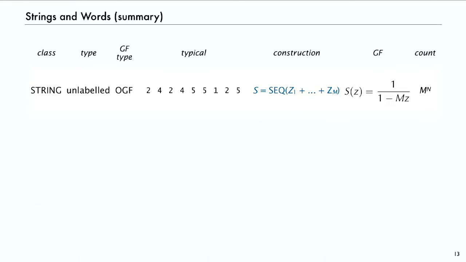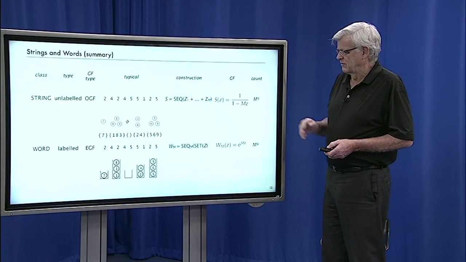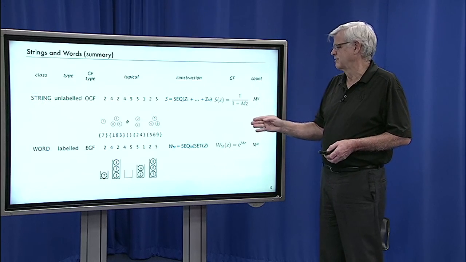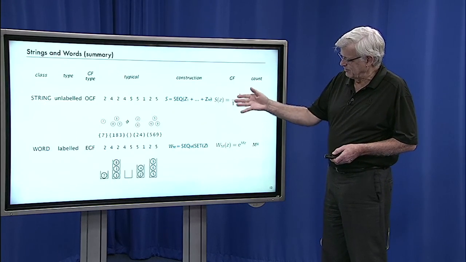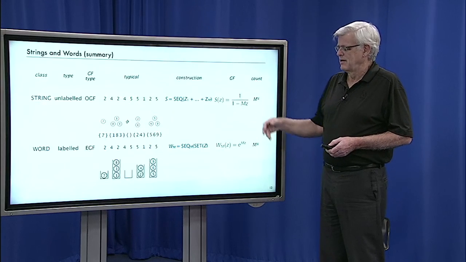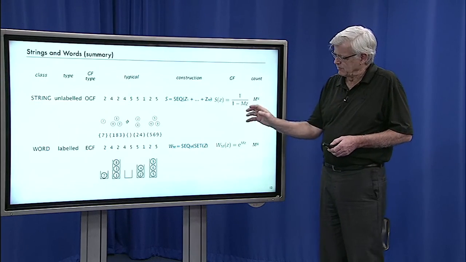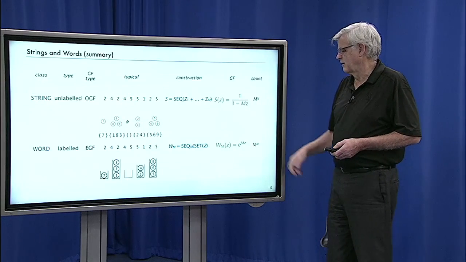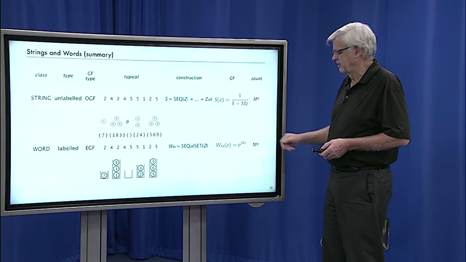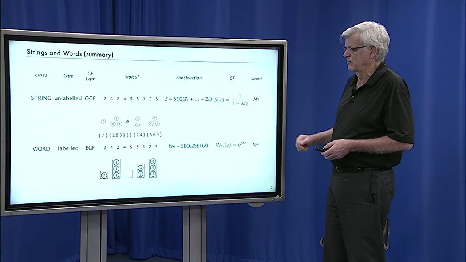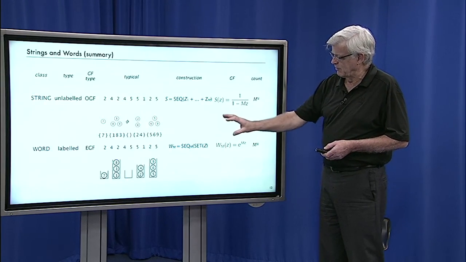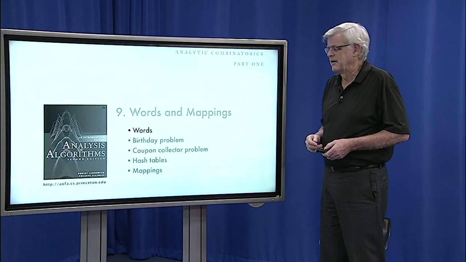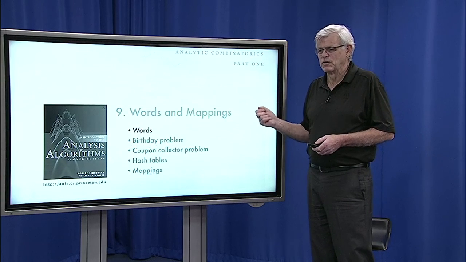If there's m characters, there's m to the n of them. For words, we consider them as labeled objects and use an EGF. We had all these different representations, and now when we're doing sequence, we're doing star product where we relabel in all possible ways. And our number of different words is e to the mz, but we get the same result out. So we're going to be focusing on the balls and urns representation in this lecture. That's a brief introduction to what a word is combinatorially.